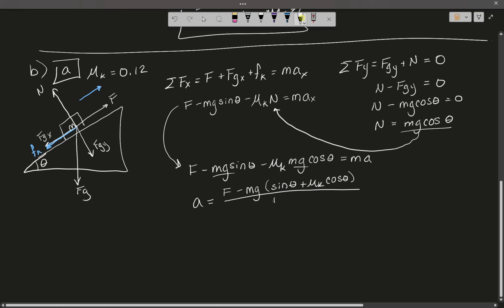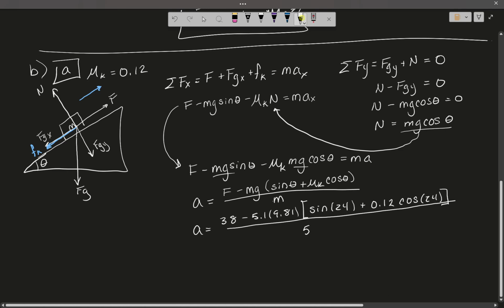And this will be divided by mass. I'm now going to plug in my values, right? So I had 38 minus 5.1 times 9.81 times the bracket sine of 24 plus 0.12 cosine of 24, close my bracket, divided by 5.1.